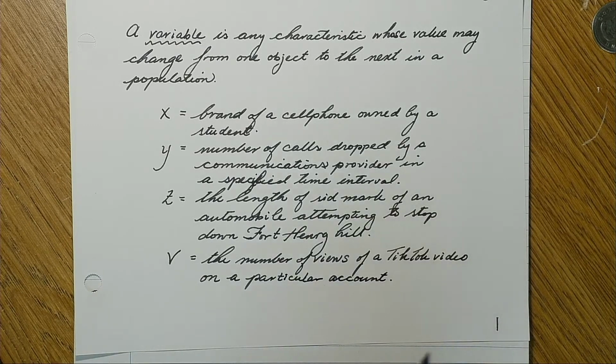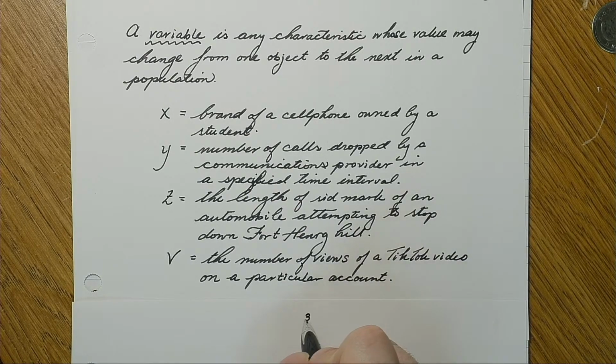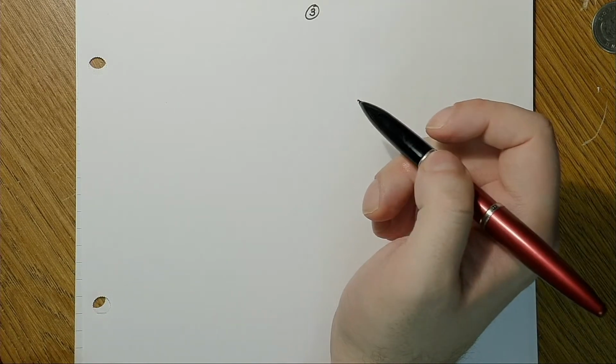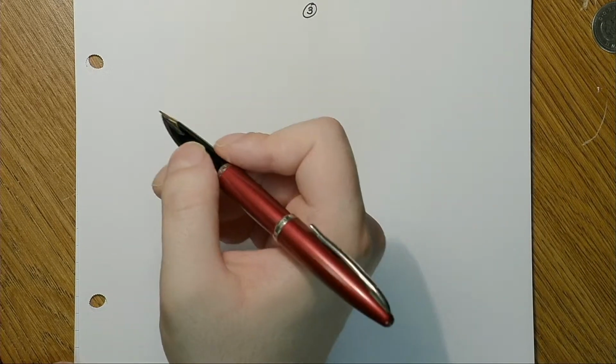And we can keep going on and on. Okay. So we've talked about characteristics, that they can be either numerical or categorical, and that a variable is any characteristic whose value may change from object to object, and that's what we're interested in.